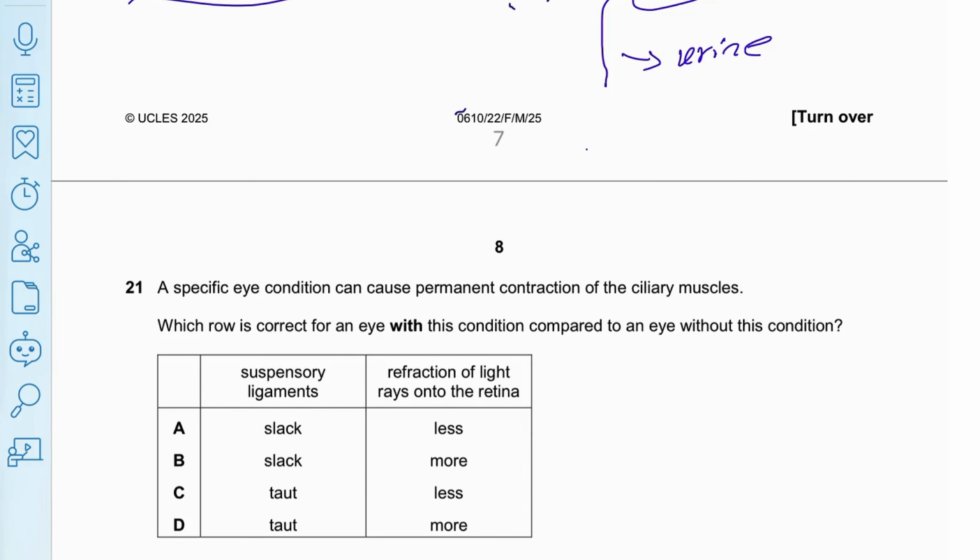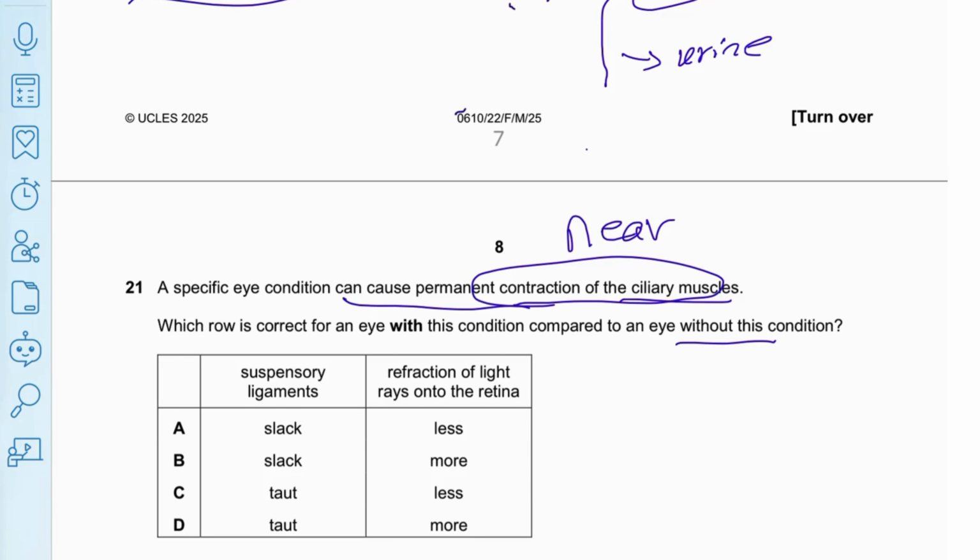Next, a specific eye condition can cause permanent contraction of ciliary muscles. Which row is correct for an eye with this condition compared to an eye without this condition? Which means what? Ciliary muscle, when it's contracted, this means that we are accommodating for near object.